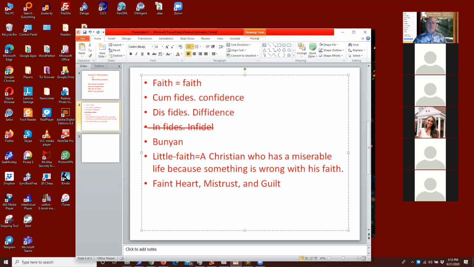So Goodman Brown is like the first good man, little faith, in that he kept his Christianity. He was faithful to his Christianity, but it hurt him because something was gone from his faith. His confidence was gone because he was faint-hearted, mistrustful, and guilty.